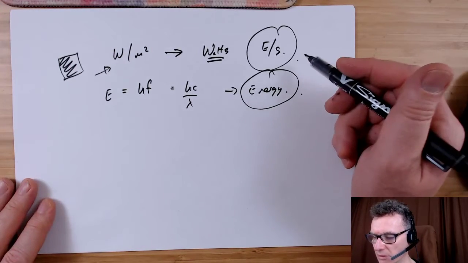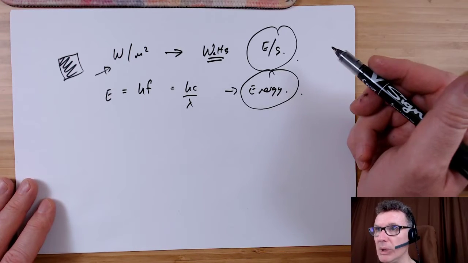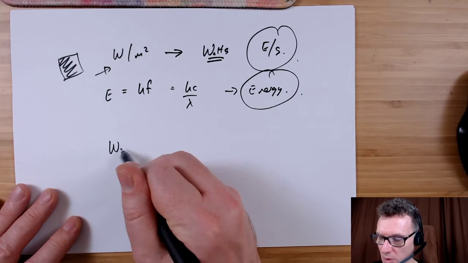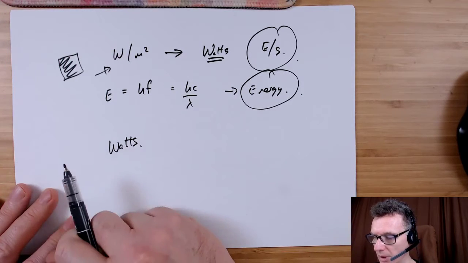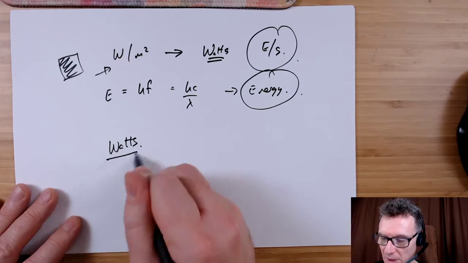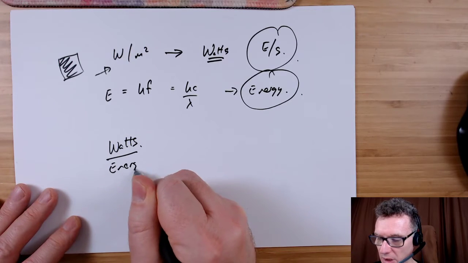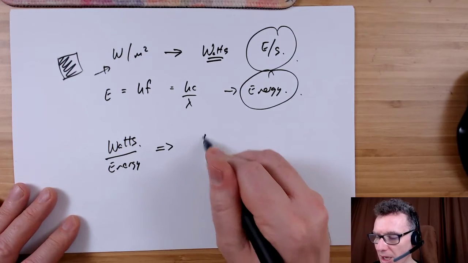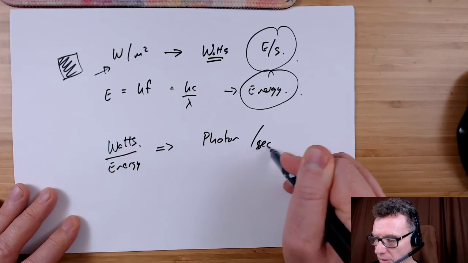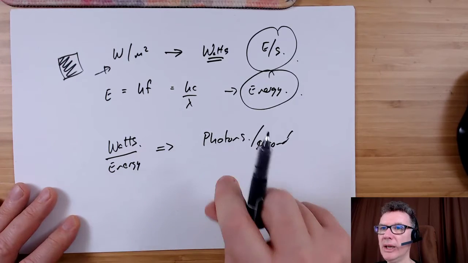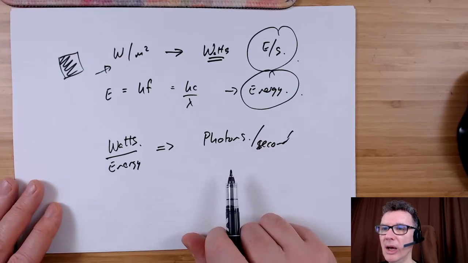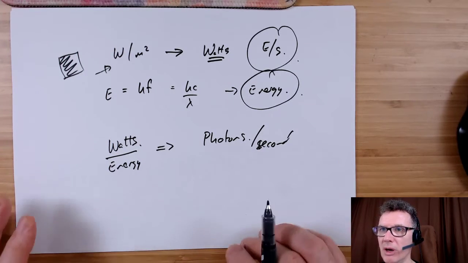Now let's think. What's going to give me my biggest number? Well, if I take the amount of watts that I've got and divide that by the amount of energy for one particular photon, that will tell me how many photons per second I'm going to have arriving, causing a potential amount of current.